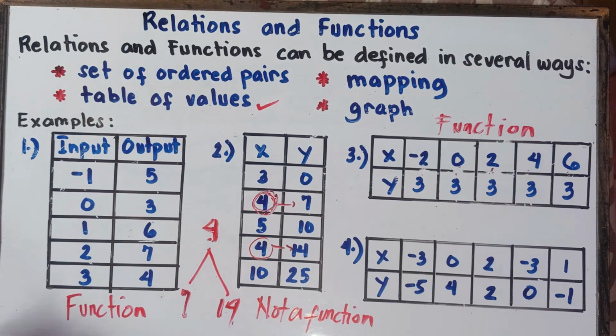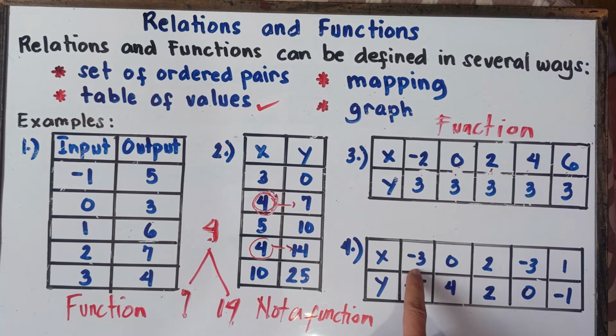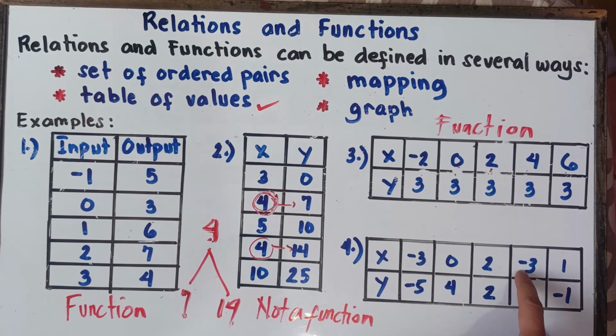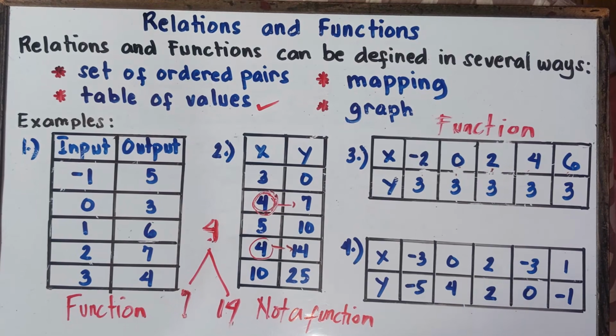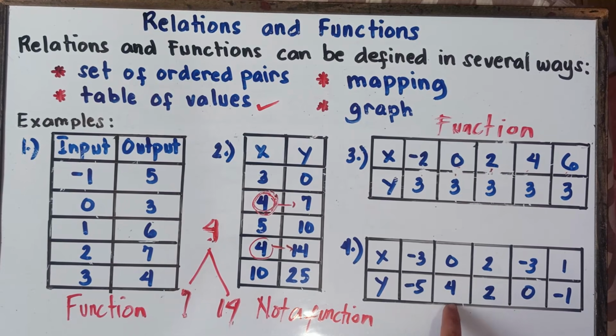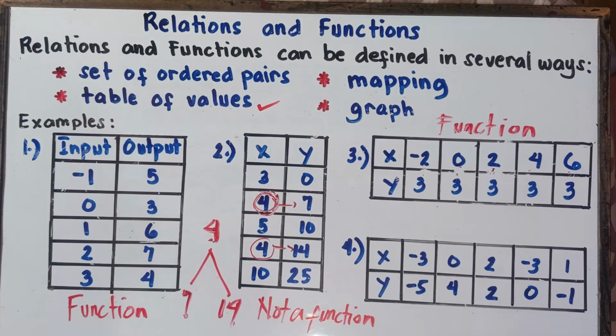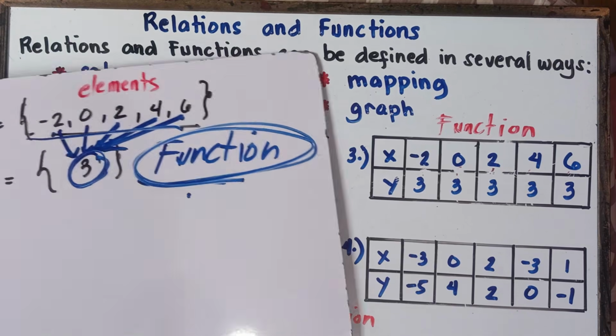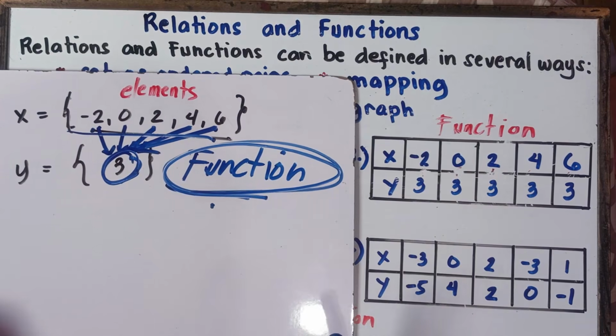Alright, now how about number 4, class? Given x values: negative 3, 0, 2, negative 3, and then 1. For the y values, we have negative 5, 4, 2, 0, and then negative 1. Let us explain this step by step.